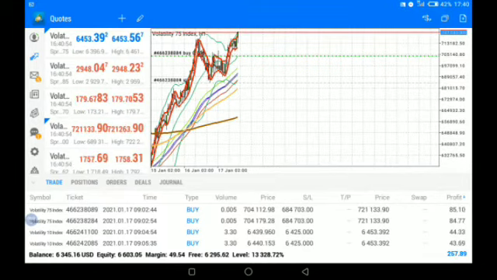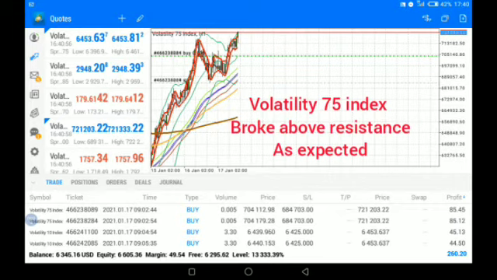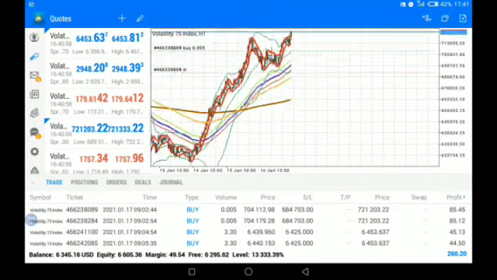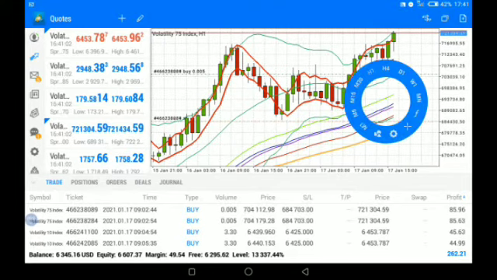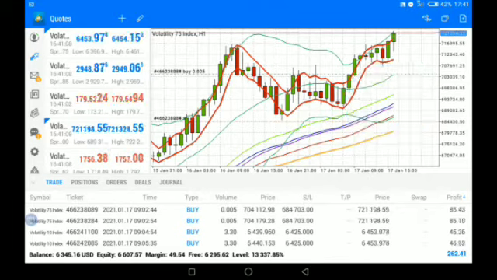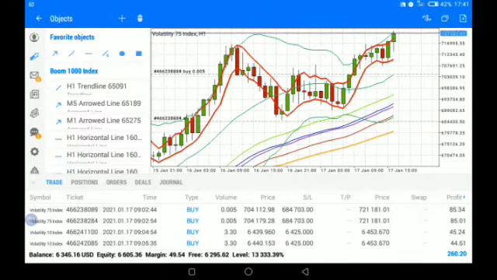Alright, so you can see the status of the trade now. This is volatility 75.